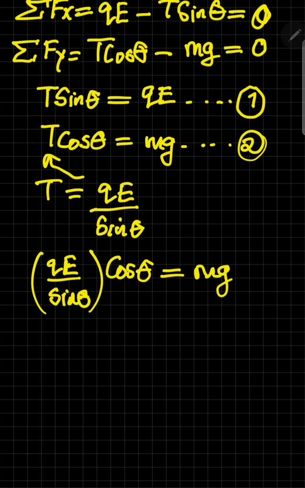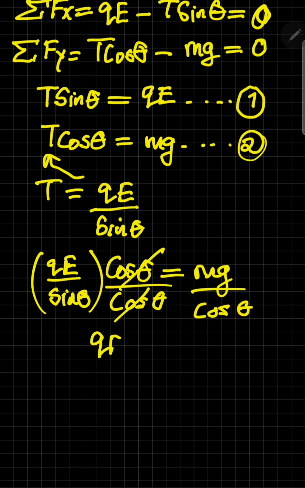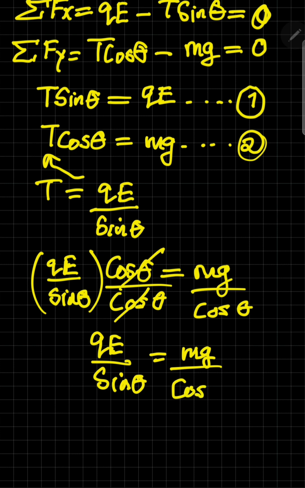Okay, so from here we can divide both sides by cosine theta. So cosine theta there and cosine theta there will cancel, and we have the electric force divided by sine theta is equal to the weight of the ball divided by cosine theta.